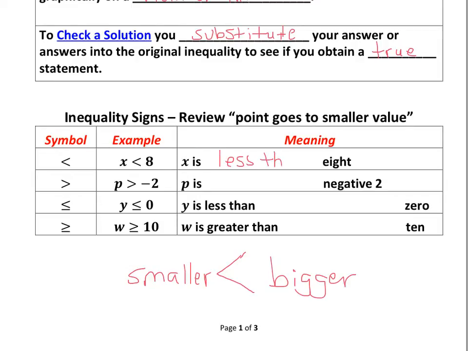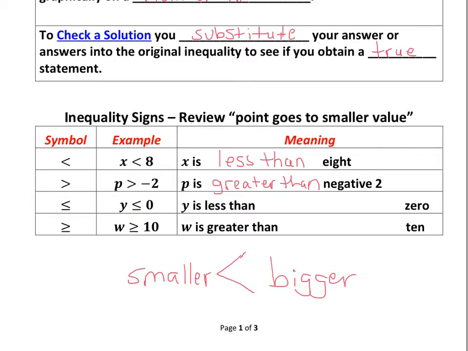And it's not T-H-E-N, it's T-H-A-N, less than. Okay, next symbol is greater than. So here on our example, we have P is greater than negative 2. And the next one, we have a less than symbol here, but we also have a little line underneath it. And in our example, we have the same thing.